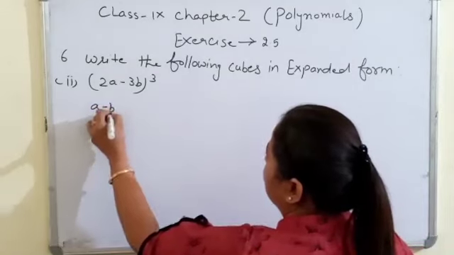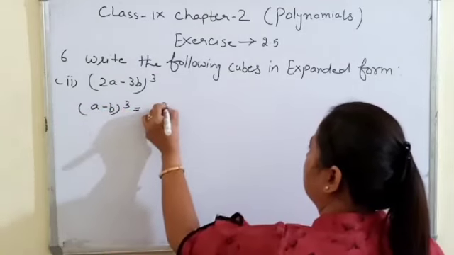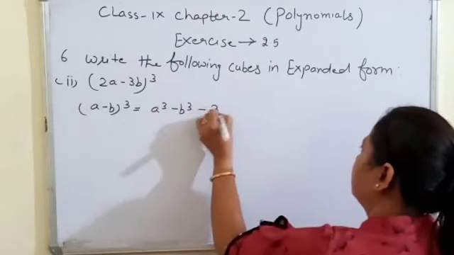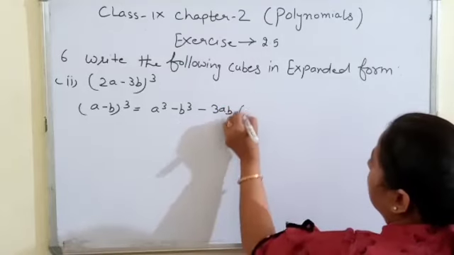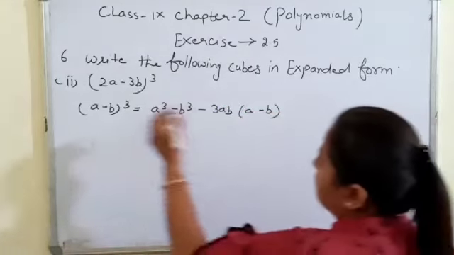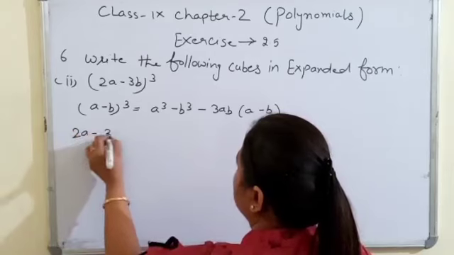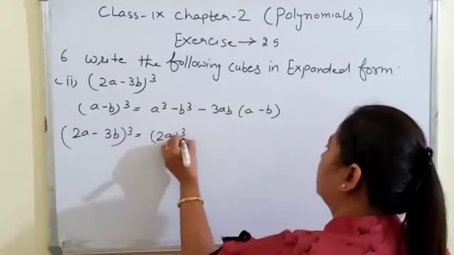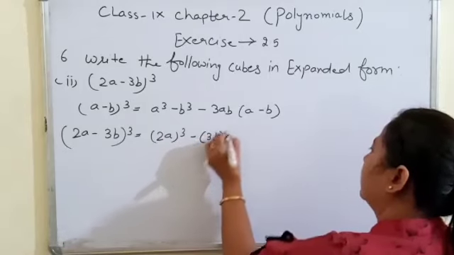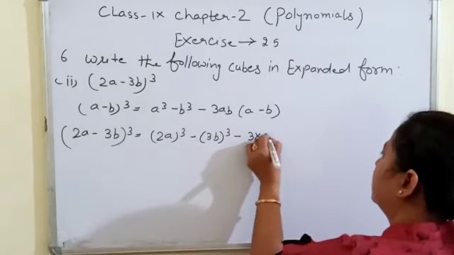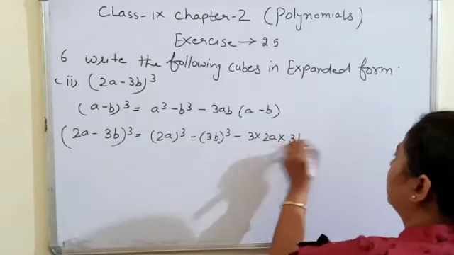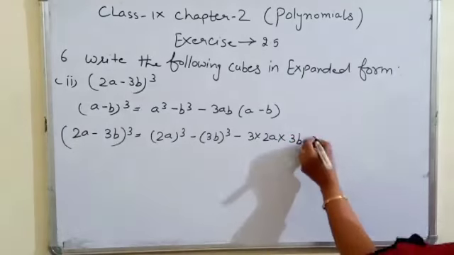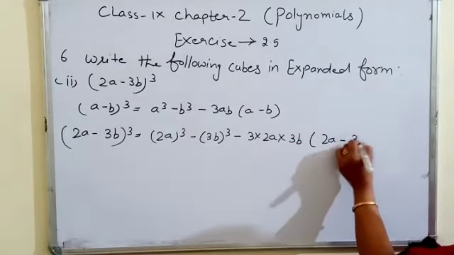A minus b whole cube, a cube minus b cube minus 3ab, a minus b. So what is a here? That is 2a, b is 3b. a cube minus b cube minus 3ab, a minus b.